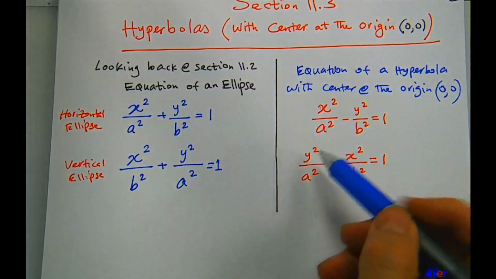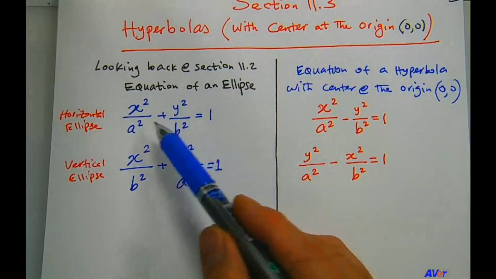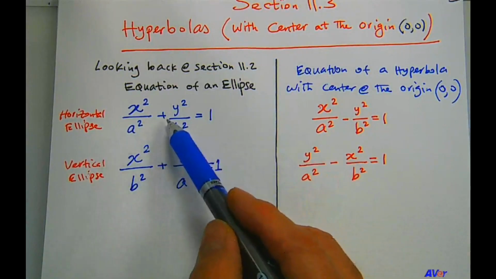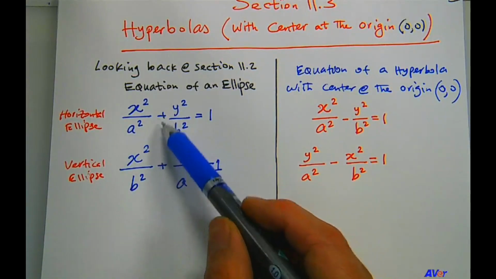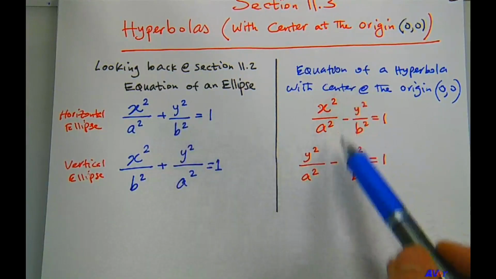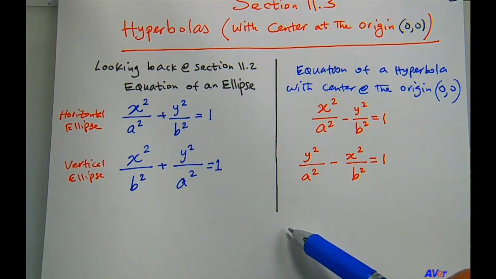So notice the main differences between equations for ellipse and equations for hyperbola. One of the most eye-catching things you'll see is that the ellipse is two ratios added together equal to 1. With hyperbola, it's the difference between two ratios that equals 1, right?